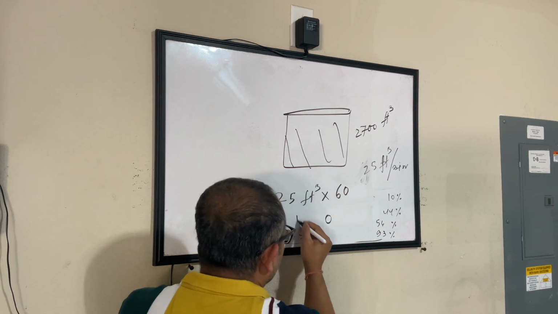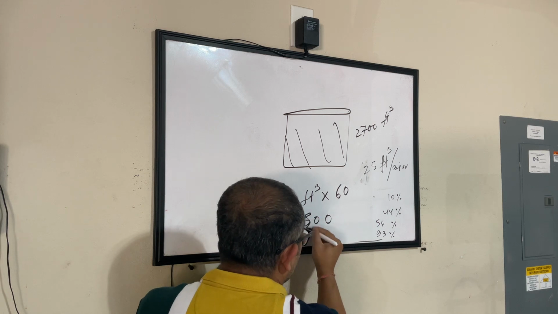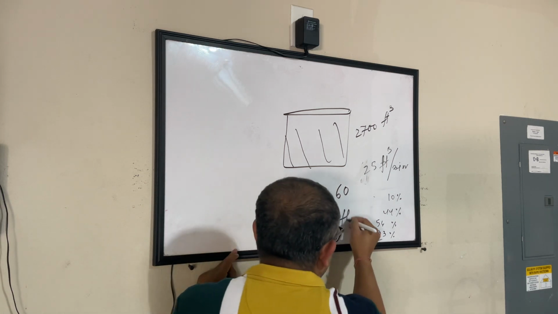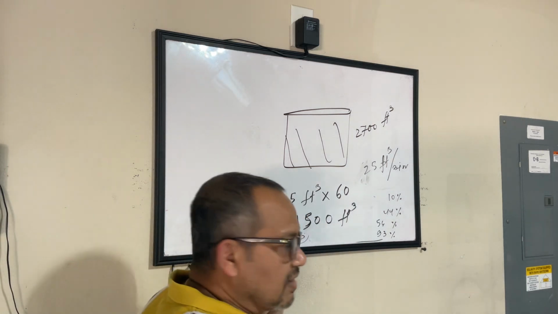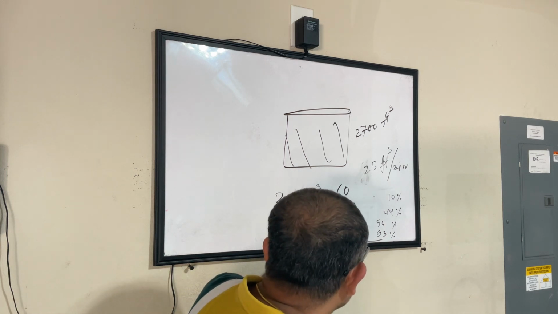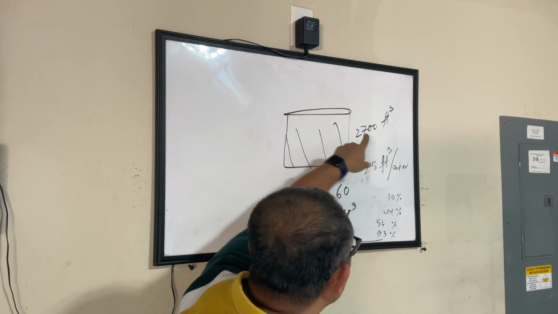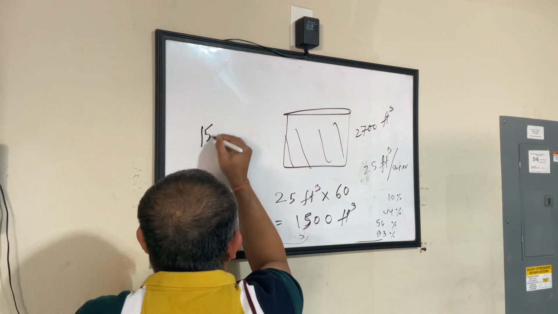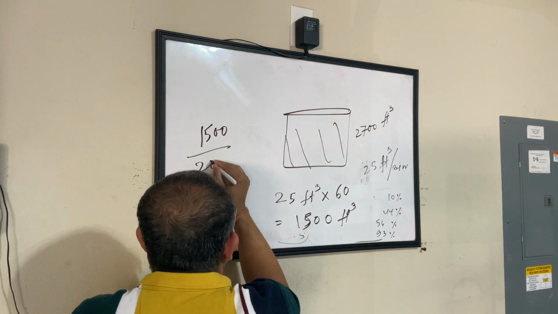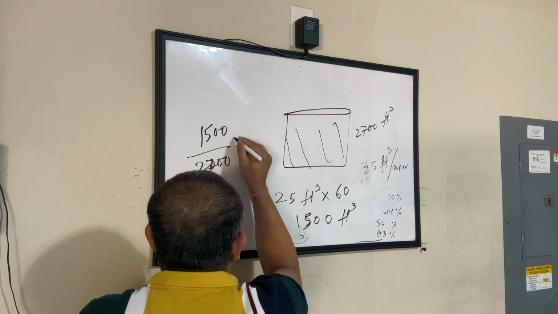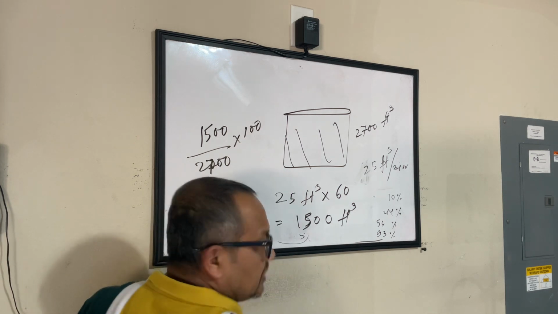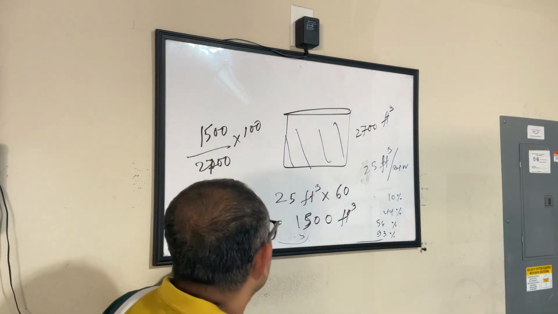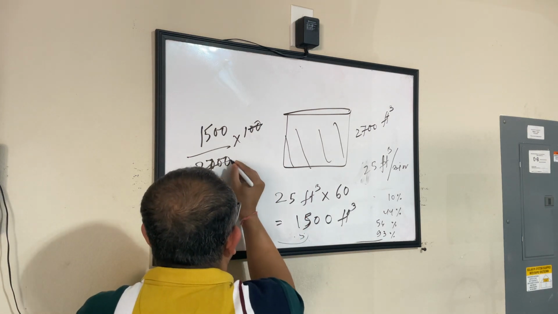25 times 6 is 150. 1500 cubic feet is what I am filling. What you have to find out is, I have filled 1500 cubic feet out of 2700. So that is what percentage? So 1500 is what percentage of 2700? That is what you have to find out. So these two you can knock off.